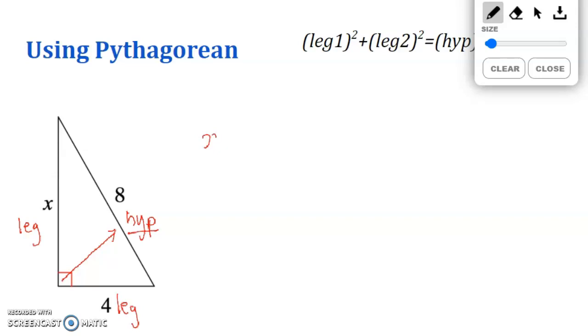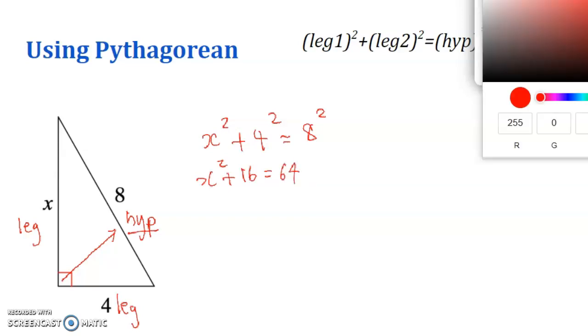So that means x squared plus 4 squared is 8 squared, because leg squared plus leg squared is hypotenuse squared. So x squared plus 16 is equal to 64. I need to subtract 16 from both sides, and I get x squared is 64 take away 16, that's going to be 48.